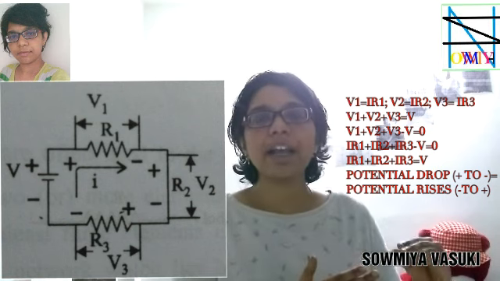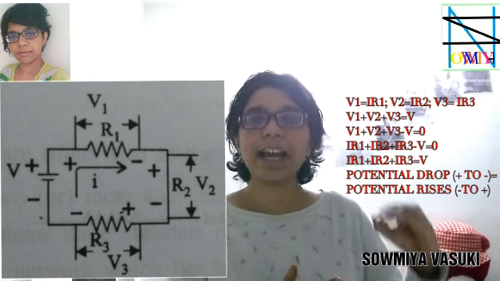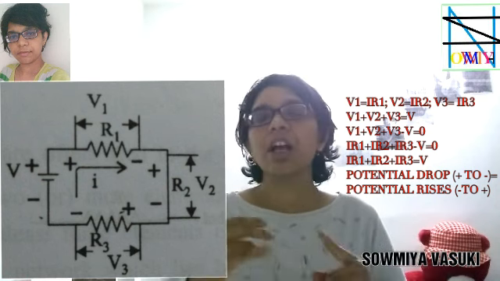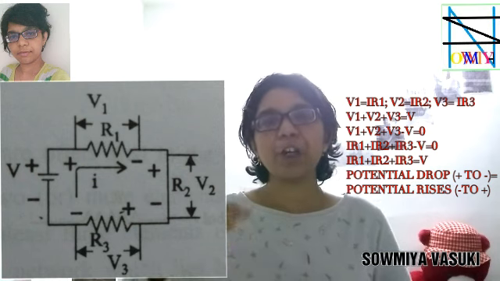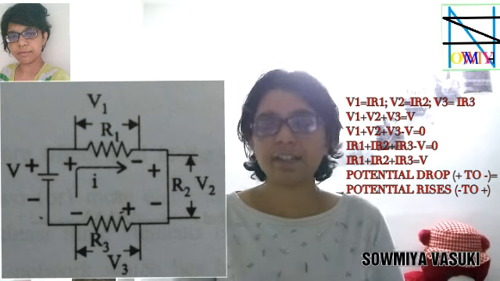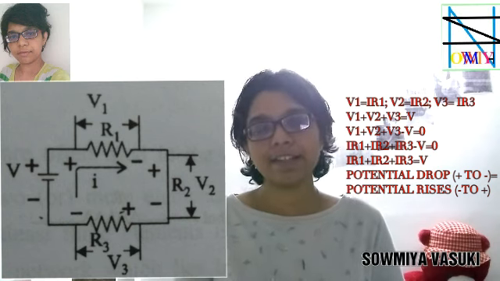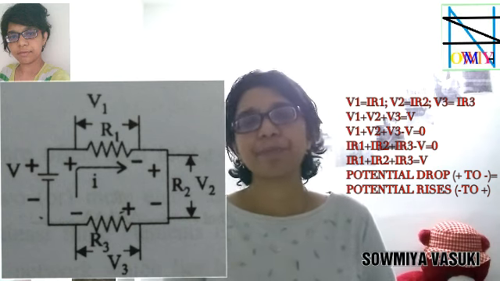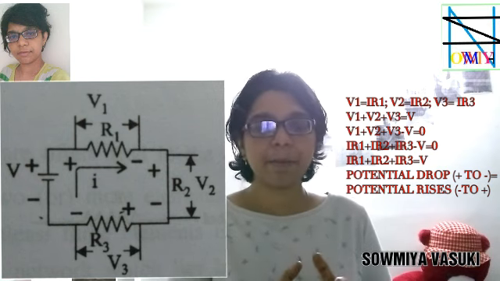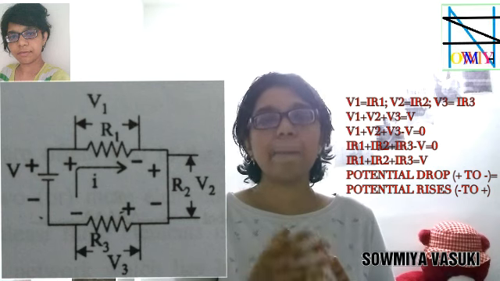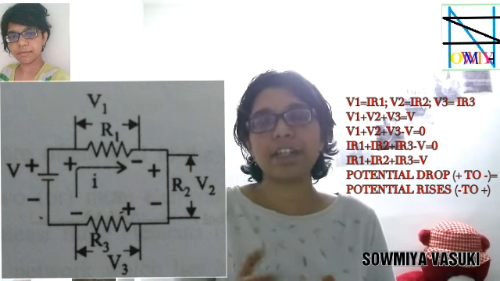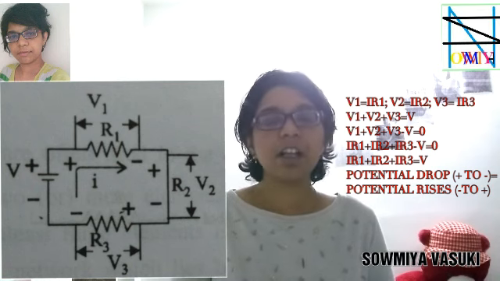Then IR1 plus IR2 plus IR3 is a potential drop. The V is a potential rise. For circuit analysis, potential drops and rises are used vice versa. Passive elements such as resistance, capacitance and inductance are said to cause potential drop.